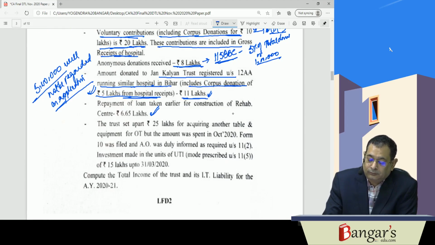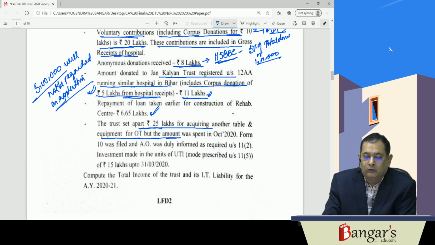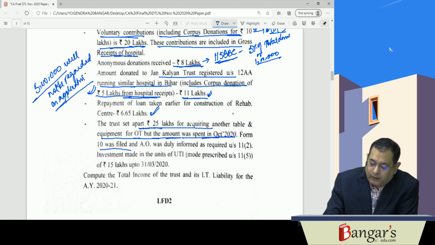Then trust has set apart 25 lakhs for acquiring another table and equipment for OT, that is Operation Theatre, but it was spent in October 2020. Form 10 was filed and AO was duly informed as required under 11(2).